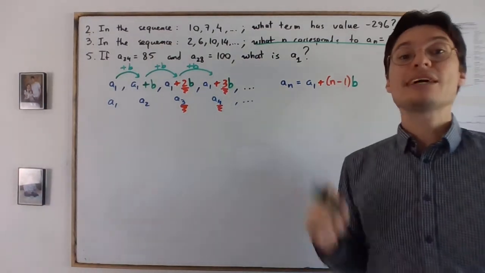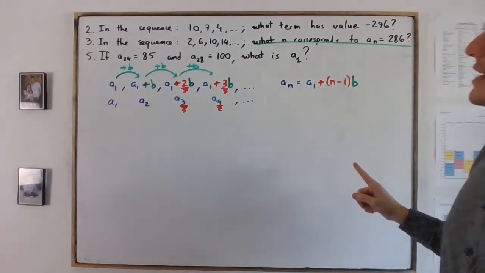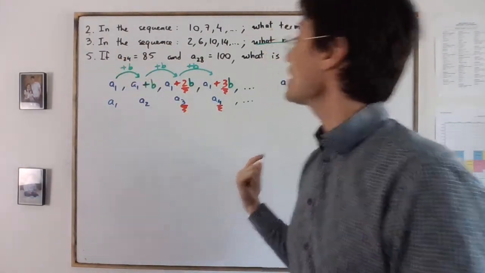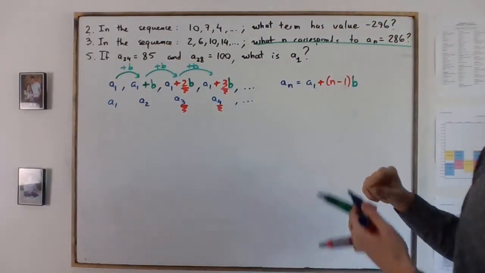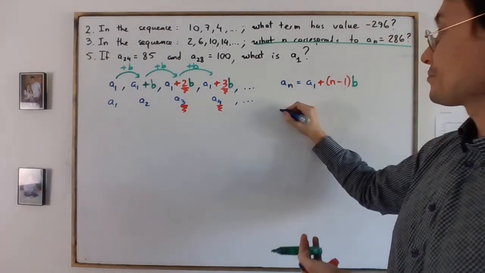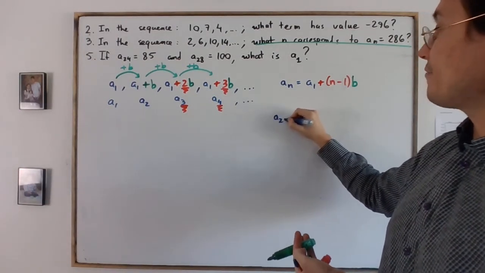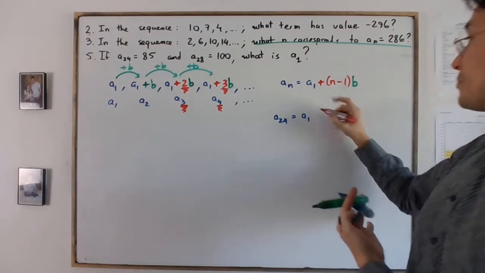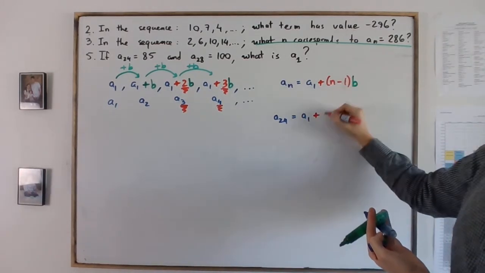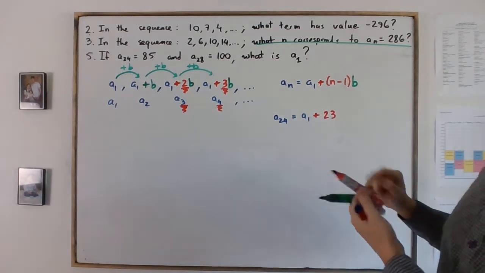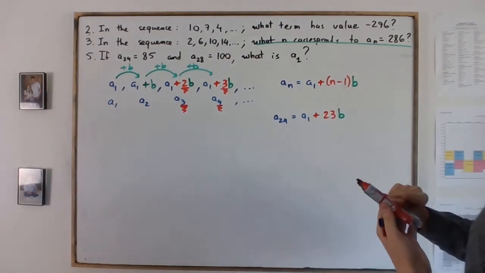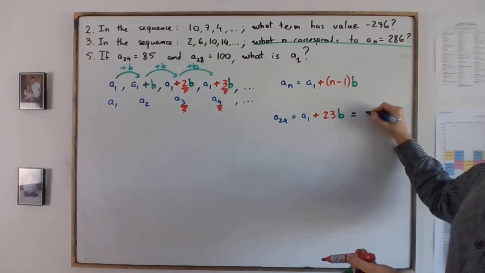Now that we have that, the idea is to replace 28 and 24 in these formulas. So what is going to happen? We have A24, which we can directly write here: A1 plus 23 times B. And then we know that this is equal to 85.